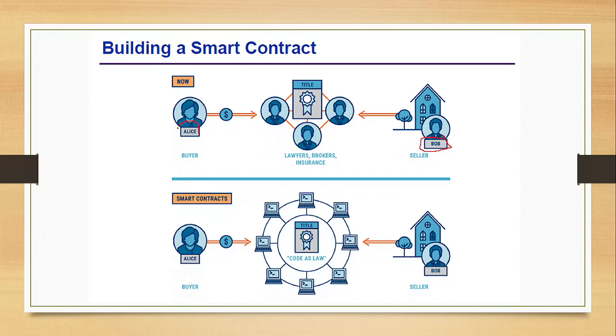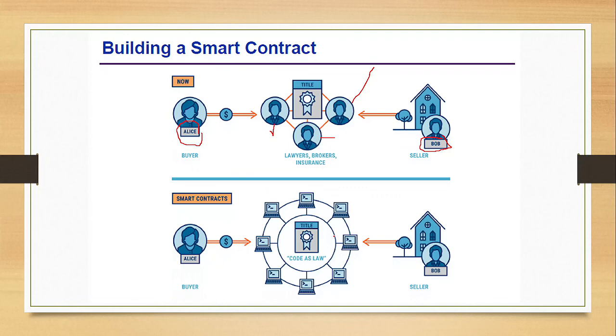What happens when Alice wants to perform this purchase? They need to have some agreement. There could be a title deed, and we need lawyers, brokers and insurance. For all these people to reach some form of agreement, it's going to take time, and a lot of cost is going to be involved.